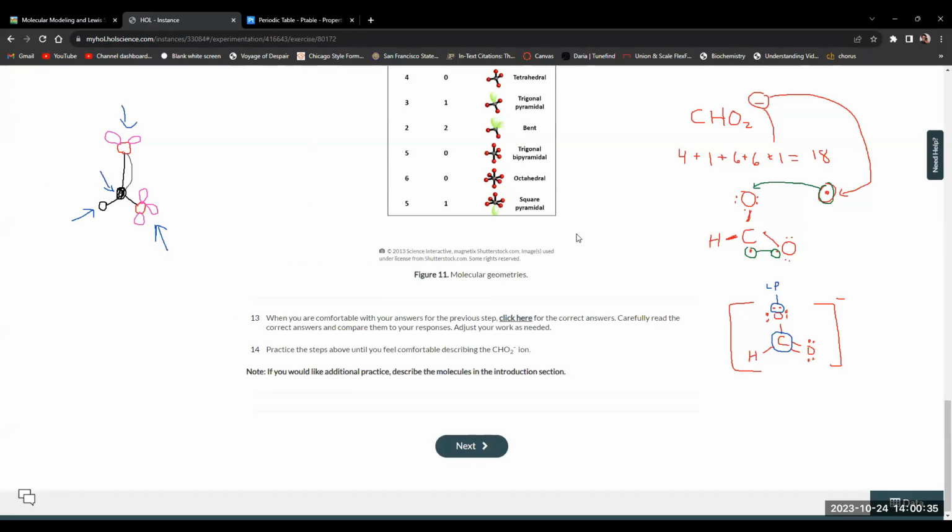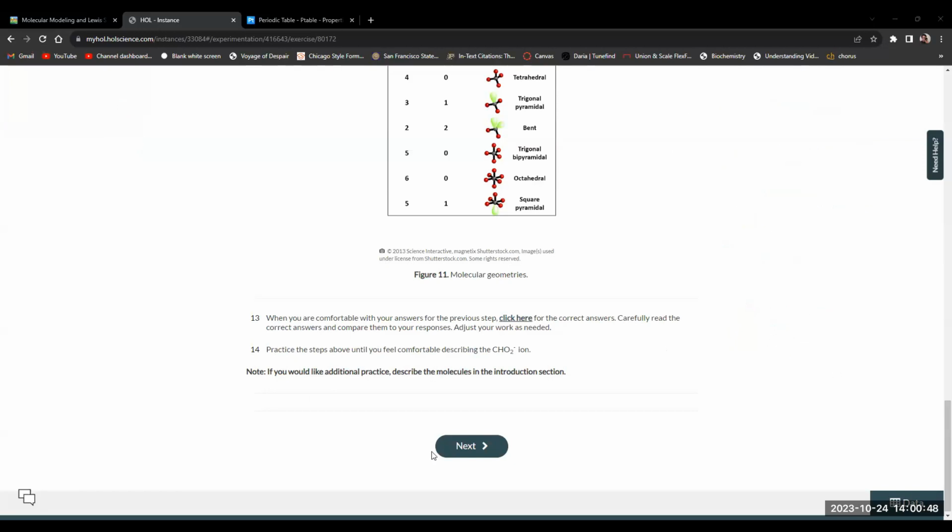All right, so let's move on to the next page. I'm going to clear that screen if it's okay with everyone. All right.